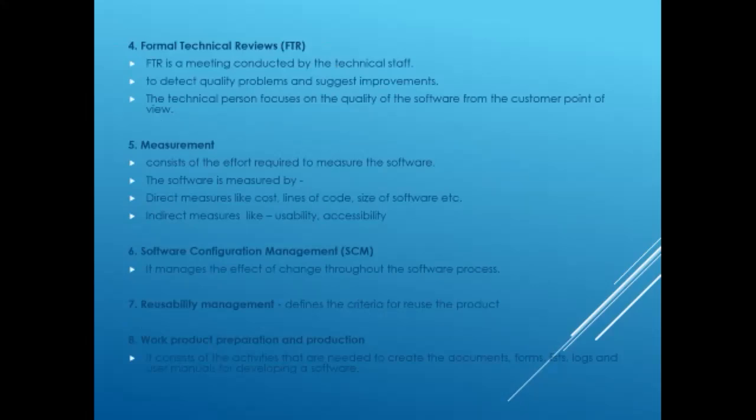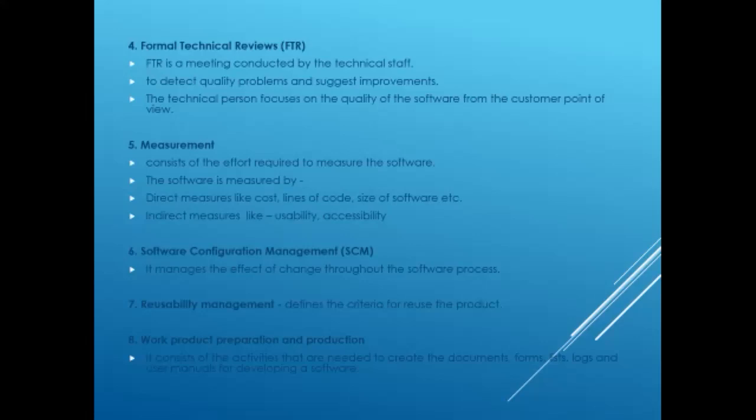Number 5, measurement. Measurement consists of the effort required to measure the software. The software is measured by direct measures like cost, lines of code, size of software, etc., and indirect measures like usability and accessibility. Number 6 is software configuration management.